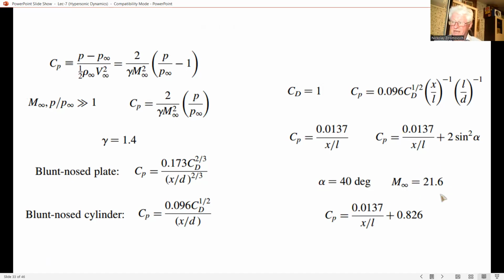Which conditions mean it's maybe returning from the moon. So our equation in this case gives Cp equals 0.0137 divided by x over L plus the next coefficient here.